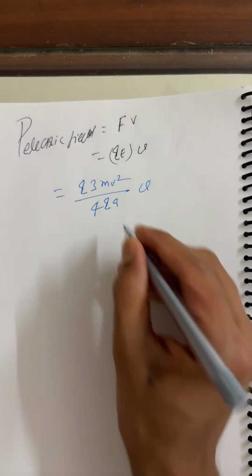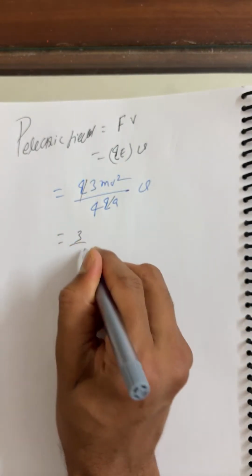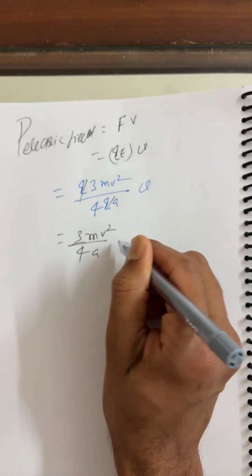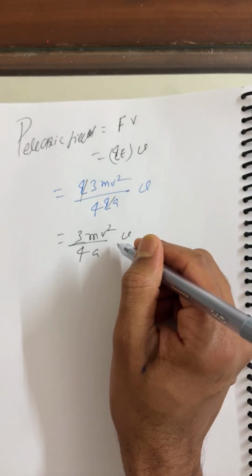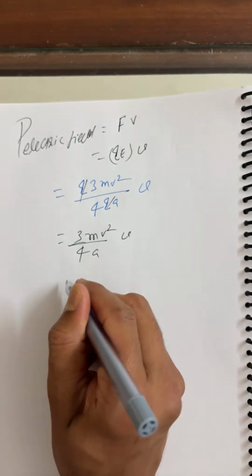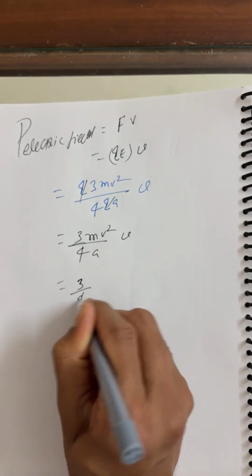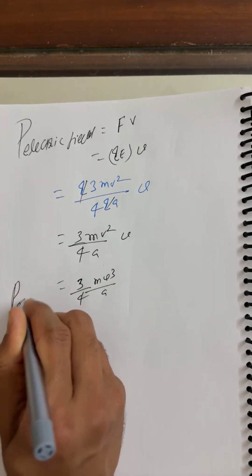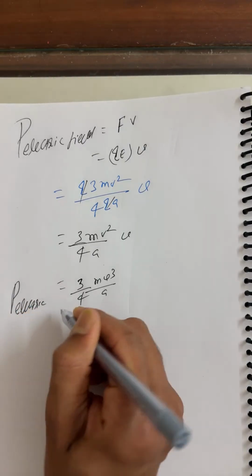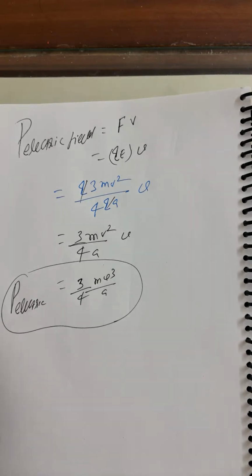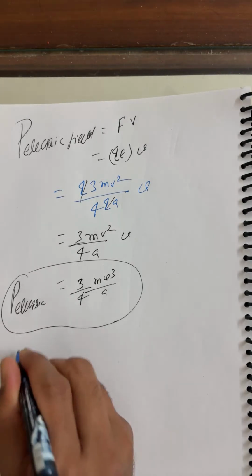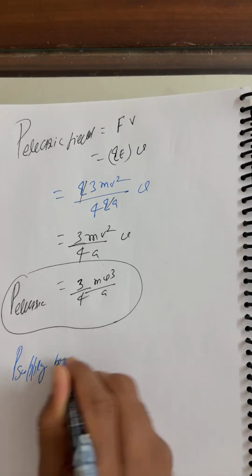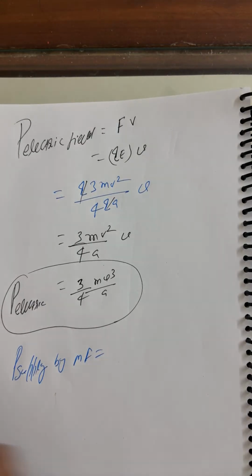So the power due to the electric field is 3 by 4 mV cubed by A. The power supplied by the magnetic field is equal to 0.